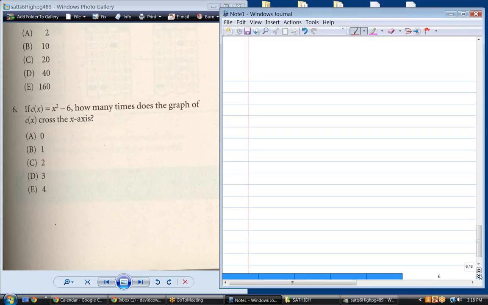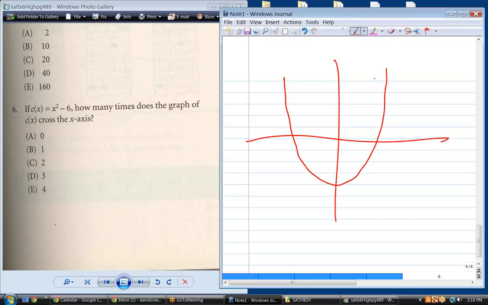How many times does this graph cross the x-axis? Once. Or twice. Twice. That is the graph of y equals x squared shifted down by 6 units. Sorry, that took a second. It's okay.